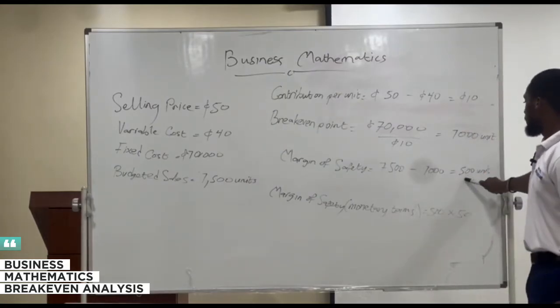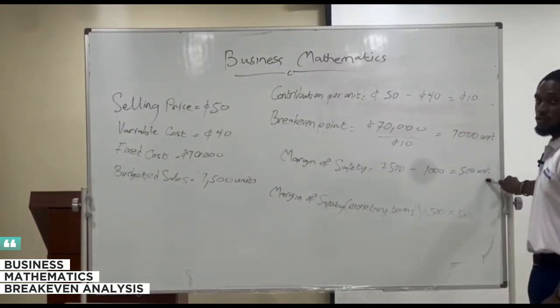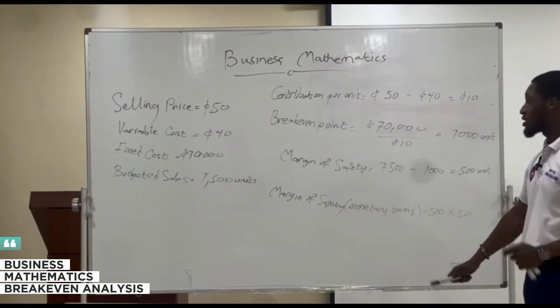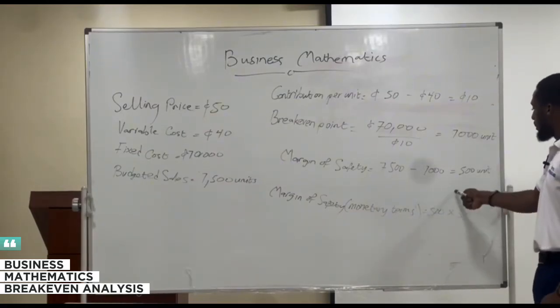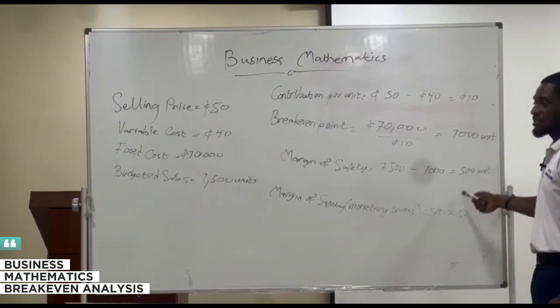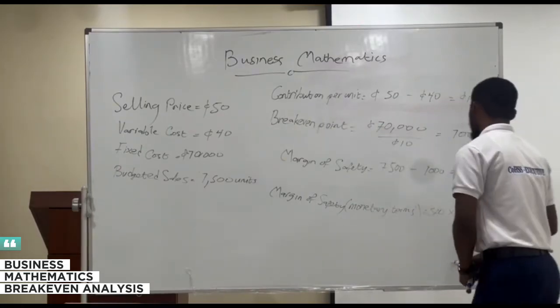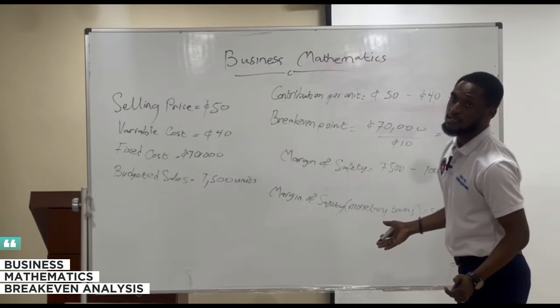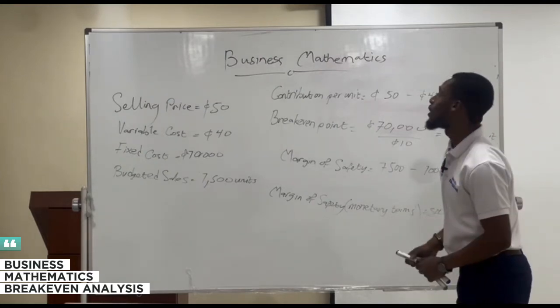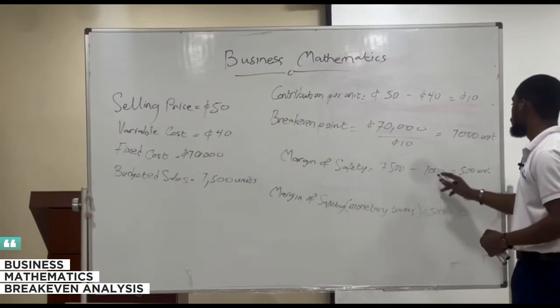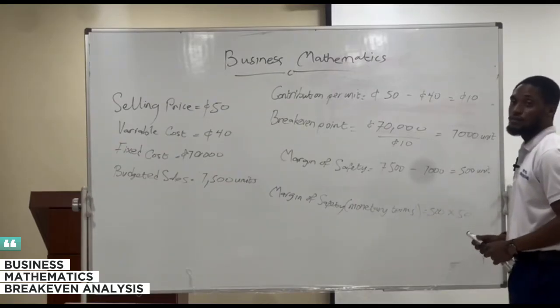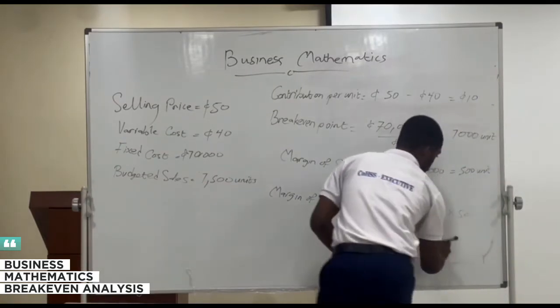We had our margin of safety in units to be 500 units. So now if you are asked a question to find the margin of safety in monetary terms, you multiply the answer you had here for the units by your selling price to get your margin of safety in monetary terms. So when we multiply our selling price, which is 50 cedis, by 500 units, we get 25,000.